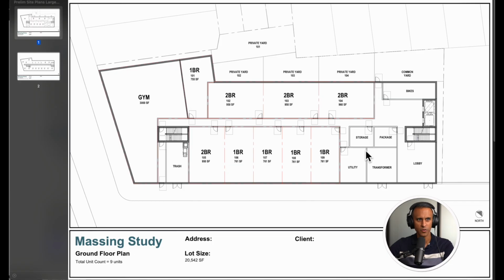Other things that we start to think about when we're looking at the building envelope is on this first floor. The first floor is where we tend to keep all of our common area utilities, mechanicals, things like that. So those are things that make the first floor inefficient. They make the first floor different from all the upper floors.